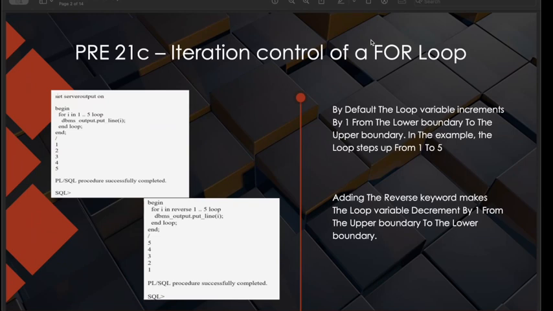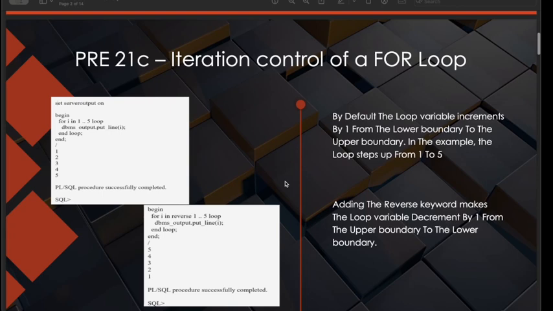Prior to Oracle Database 21c, the iteration control of a for loop was really basic. By default, the loop variable, for example I, increments by 1 from the lower boundary to the upper boundary, as you can see in the first example.